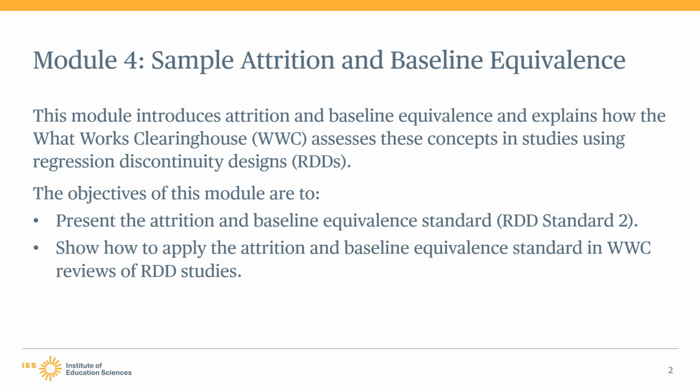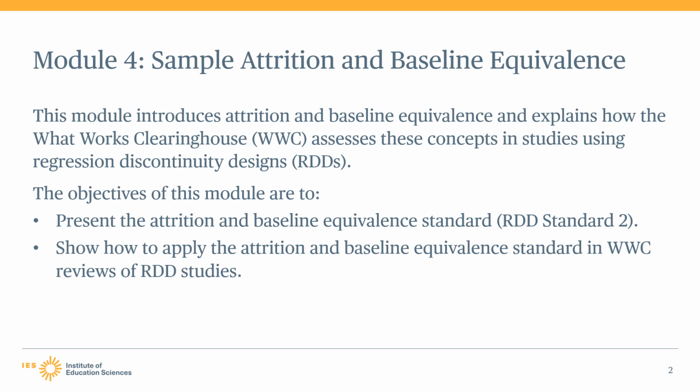This module describes the WWC's second RDD standard, or the Attrition and Baseline Equivalence Standard, which outlines requirements for RDDs to establish a low level of sample attrition or to instead establish the equivalence of the groups being compared at the cutoff value of the forcing variable.